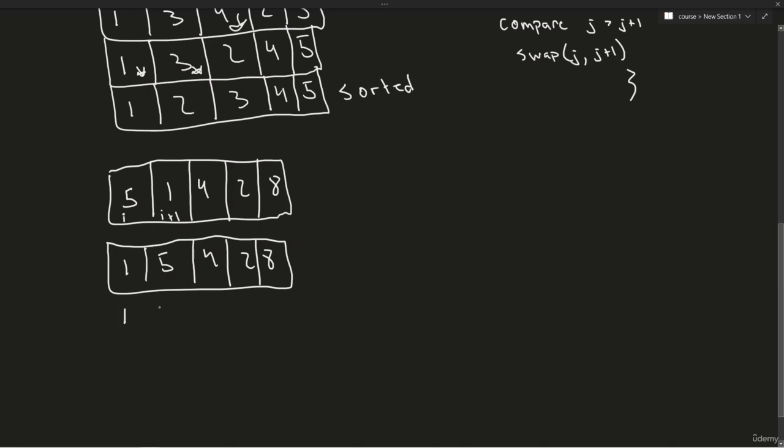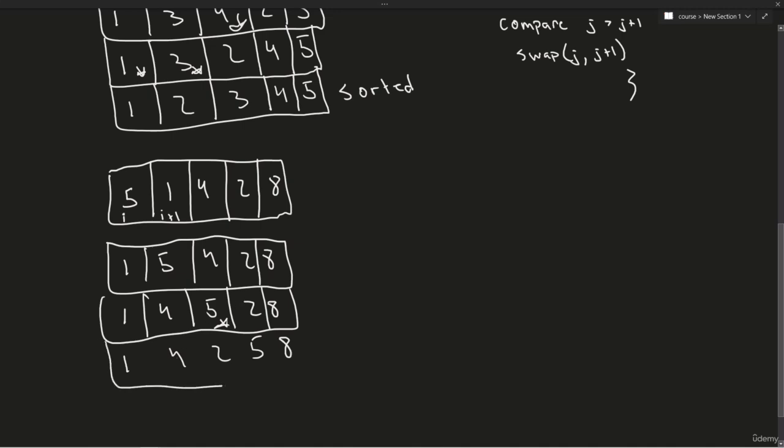Now we have 1, 4, 5, 2, and 8. We're still here at 5. Compare. We need to do a swap. 1, 4, 2, 5, 8. And now we know that 5 is in the correct spot because our next comparison will not yield a swap.